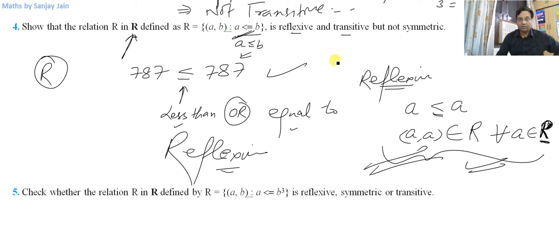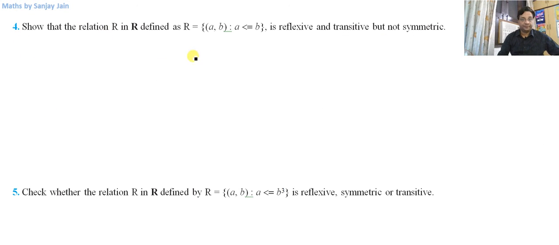What about symmetric? It is not symmetric, right? We have to show that it is not symmetric. So let me see. A less than or equal to B. If I take the pair (1, 2), it belongs to this relation R. Why?